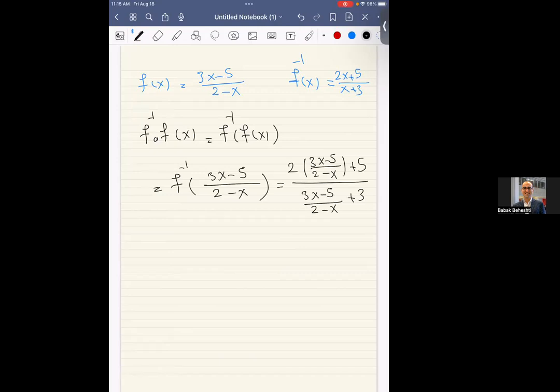So you have two fractions on the top. So this equal to, on the top, let me write all terms: 6x minus 10 plus 10 minus 5x divided by 2 minus x. That is the numerator. The denominator is 3x minus 5 plus 6 minus 3x over 2 minus x.